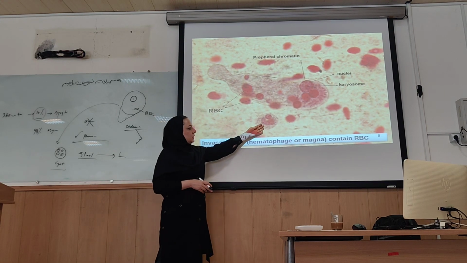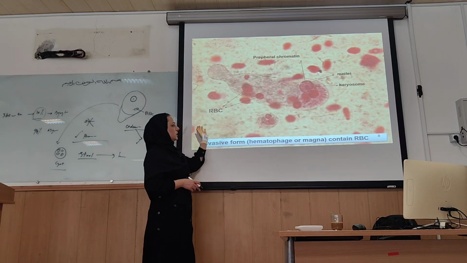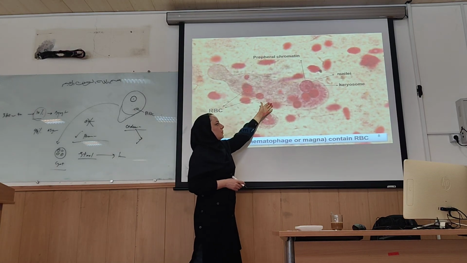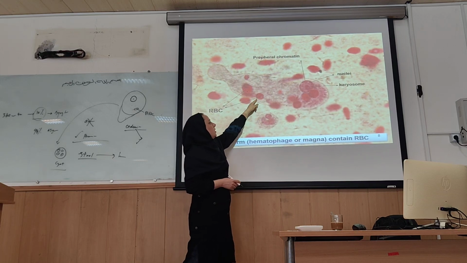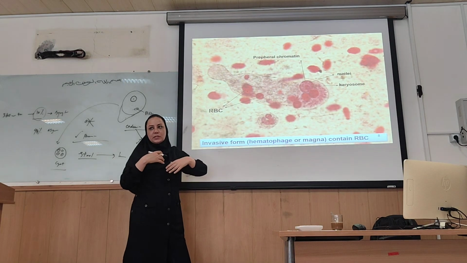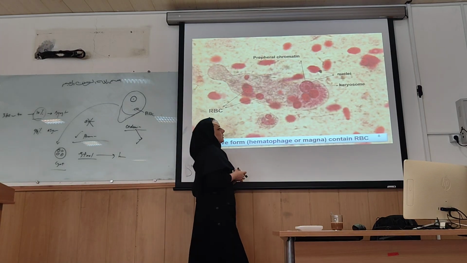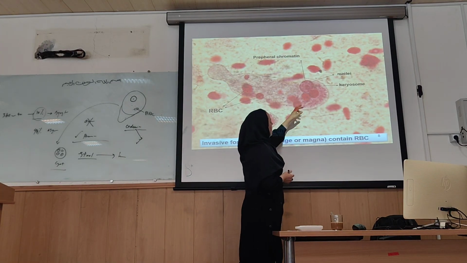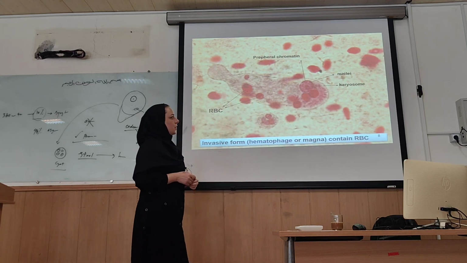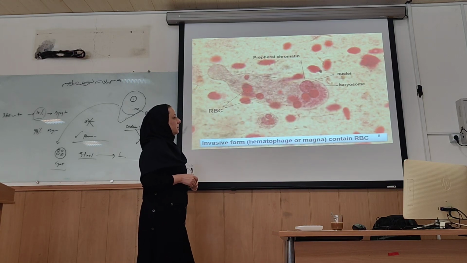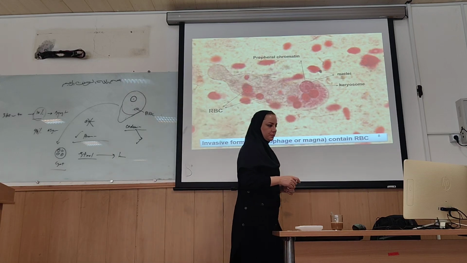This is a white blood cell, these are RBC, and this is the histology of the hematophage. These are RBC that have been ingested by the trophozoite. And this is the nucleus with the chromatin and the peripheral chromatin.